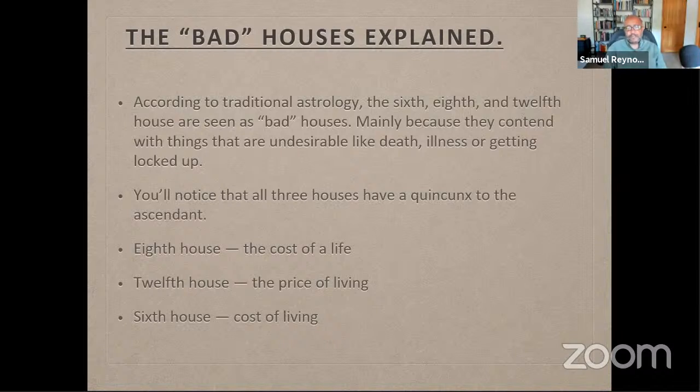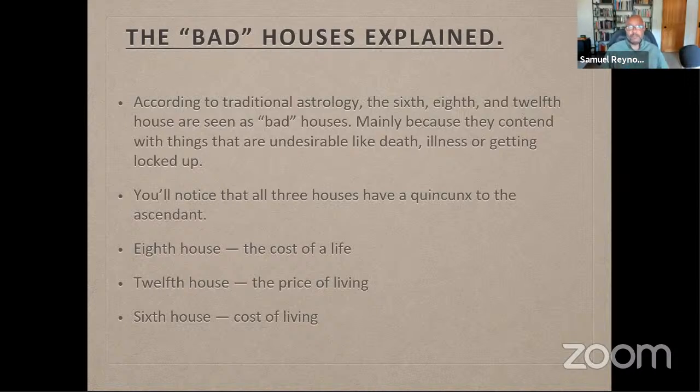Then the 6th house is a cost of living. In order to stay alive and have a certain quality of life, you must maintain your life a certain way. You must have particular routines. You have to do particular things in order to have these things, or you must have people, a retinue, which sounds a lot like routine if you change the words around. You have a retinue of people who help maintain whatever you establish related to your sense of identity.